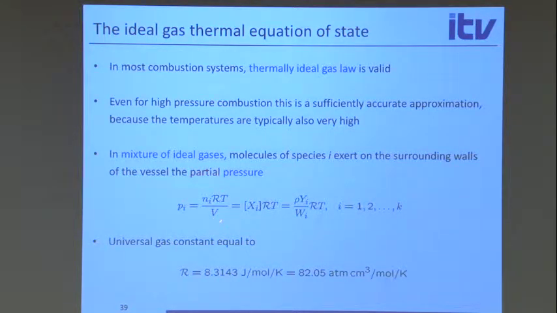And Ni divided by V here is the concentration, and the concentration I can write in terms of mass fraction. And R is the universal gas constant, which is just given. This is the thermal equation of state for thermally ideal gases.